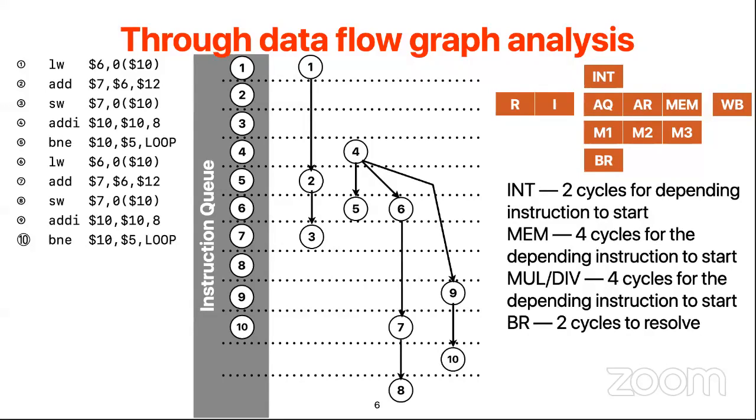For this piece of code, each cycle we are going to receive a new instruction from the renaming logic. In the very first cycle, we know the first instruction is ready to execute.